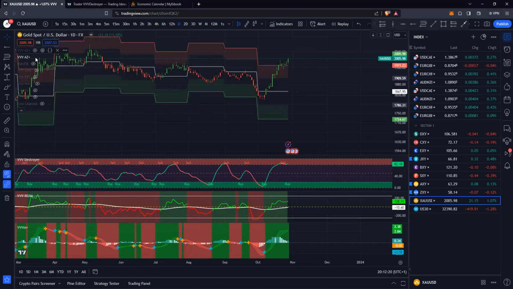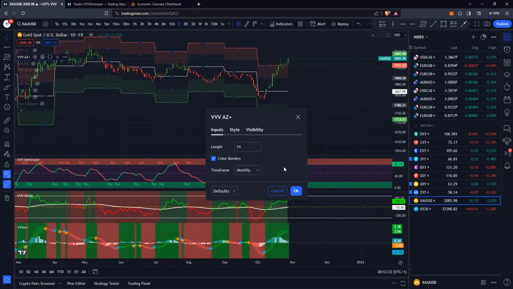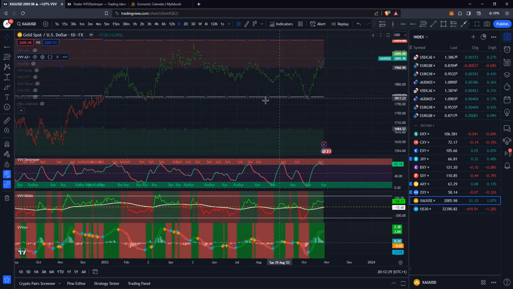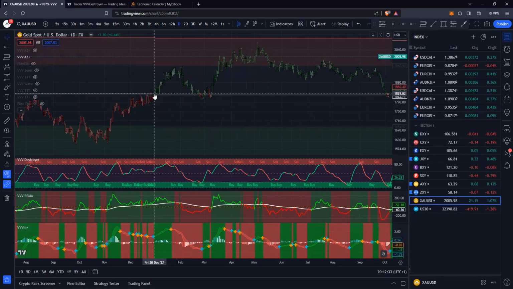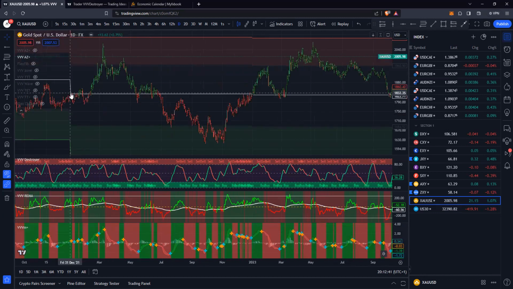You can use multiple time frames. Let's say, for example, you are on a daily chart, but you want to see the yearly. So this is a whole year, which is starting here. As you see, there's very little difference between the two, because the opening price was here and it almost ended up in the same spot.